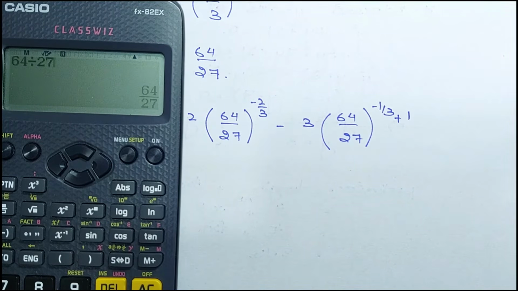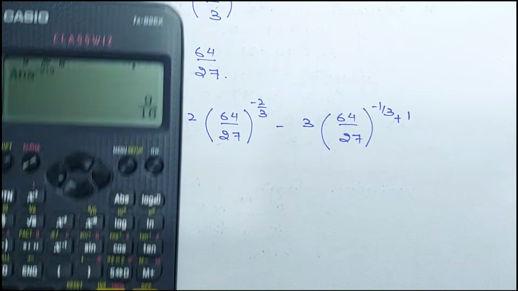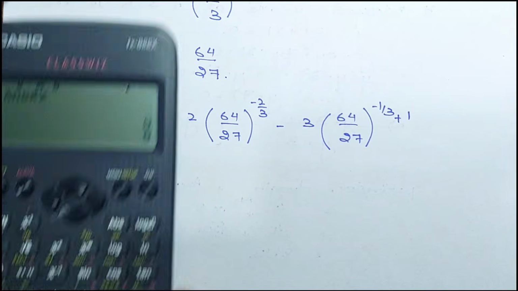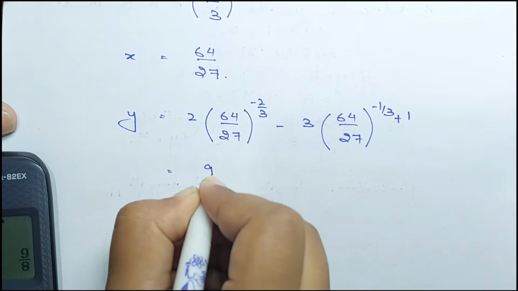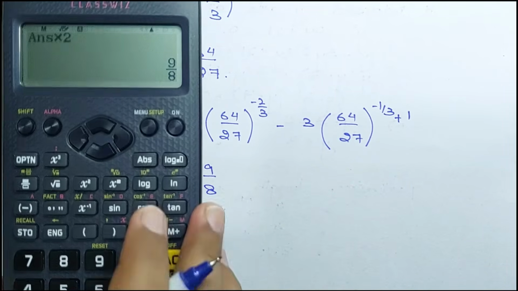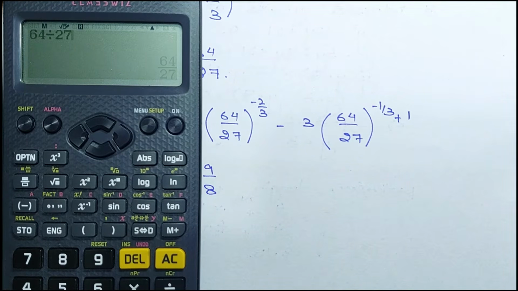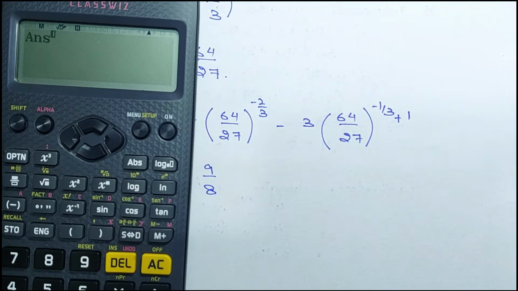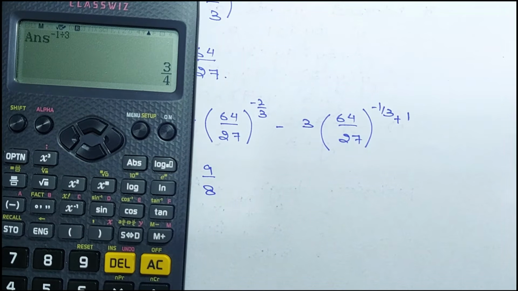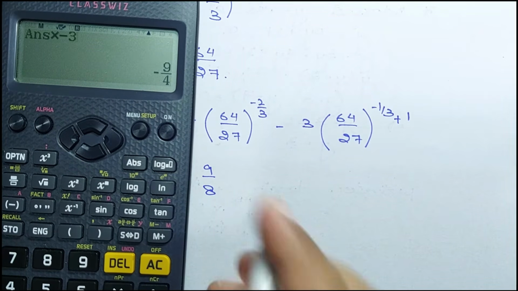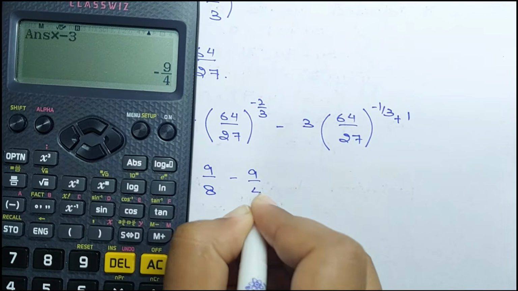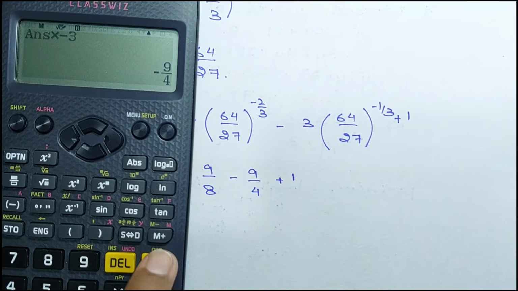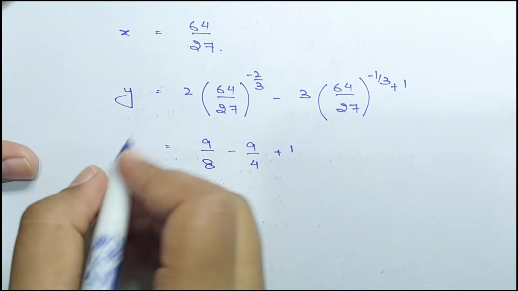64 over 27, its power is minus 2 by 3, is 9 over 16, and times by 2 is 9 by 8. Okay, 64 over 27 and its power is minus 1 by 3, and times minus 3 is minus 9 by 4, and add 1. 9 by 8 minus 9 by 4 plus 1, this is minus 1 by 8.